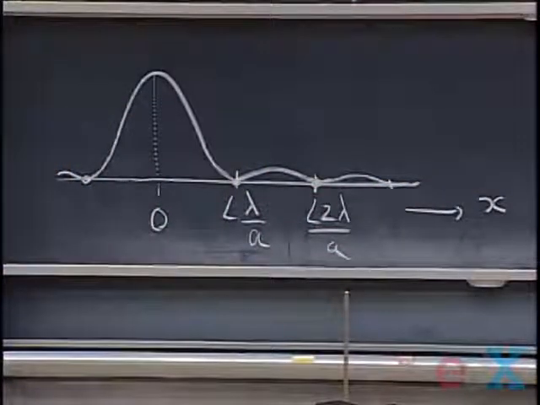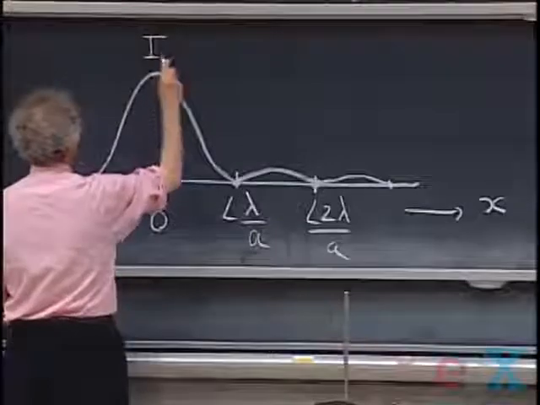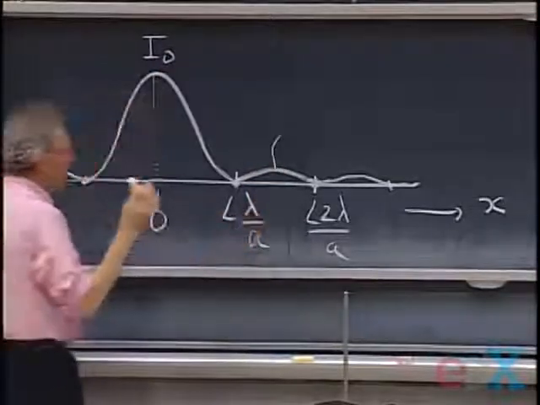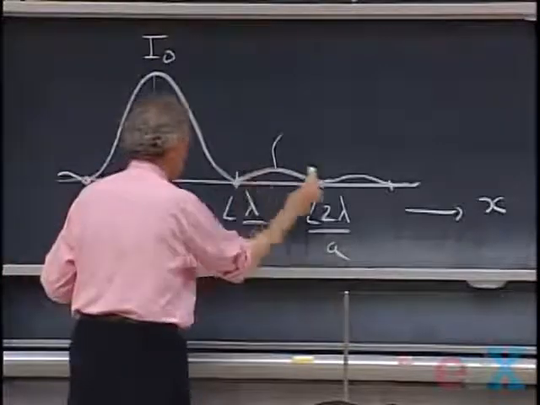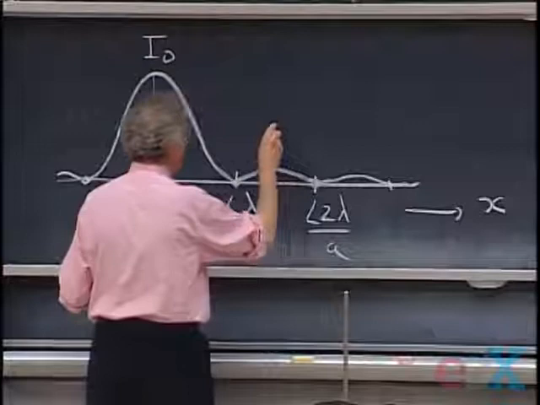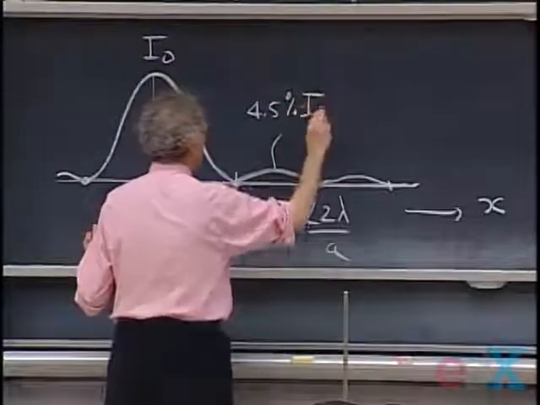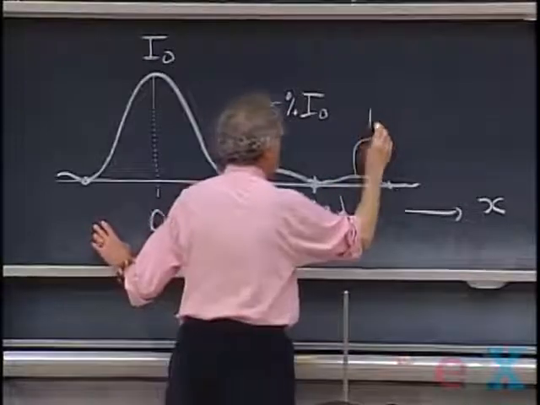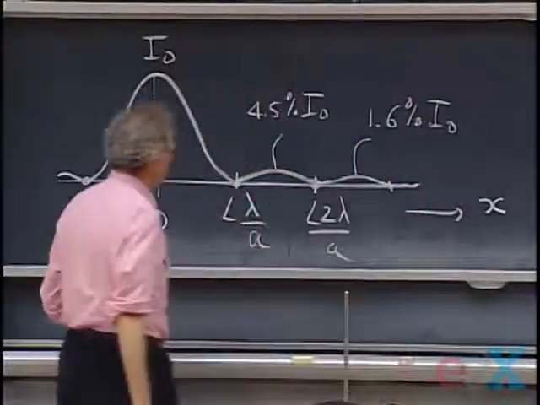And this is very different from anything we've seen with multiple sources. If the intensity here is I0, then the maximum here, which I didn't even calculate where it is, somewhere in between these two minima, that maximum is very low. It's only 4.5% in strength of I0. And this is even lower. This is only 1.6% of I0.